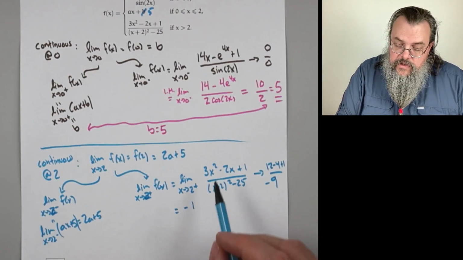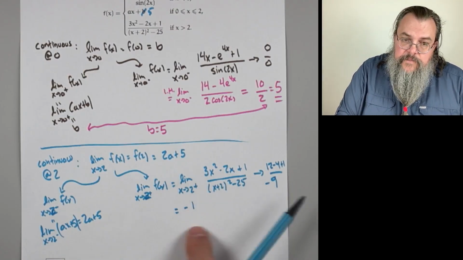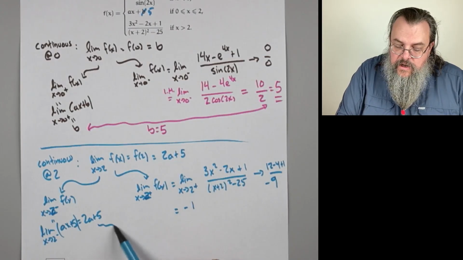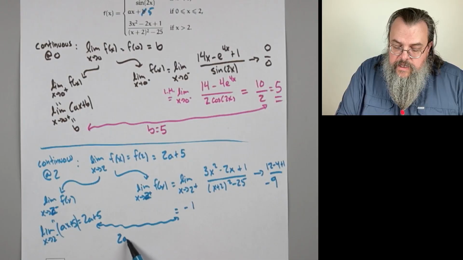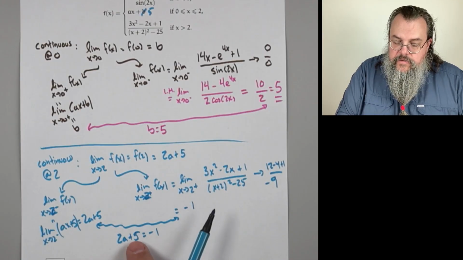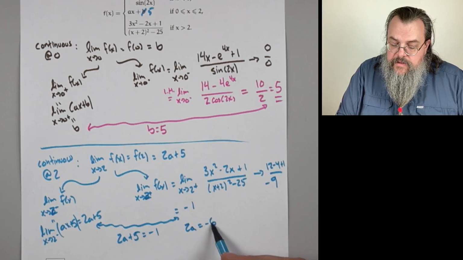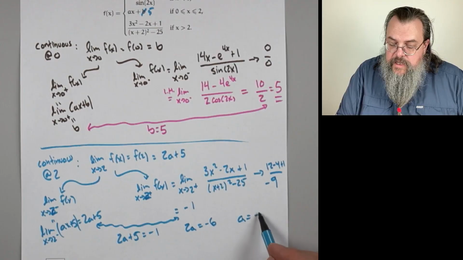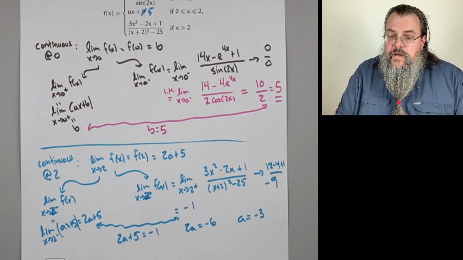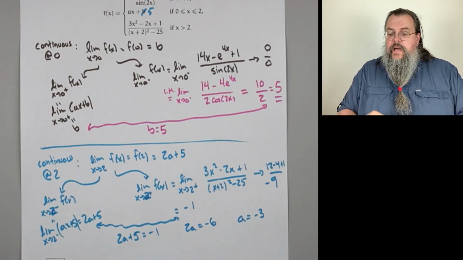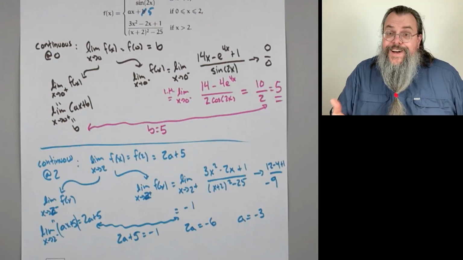All right, so again, we need these to match. So 2a plus 5 better be negative 1. We subtract 5. That tells us 2a better be negative 6. Tells us a better be negative 3. All right, good. And we're actually done.